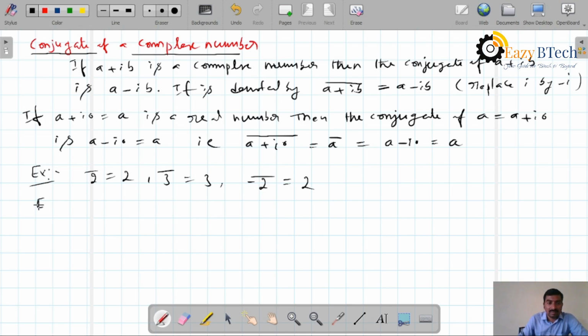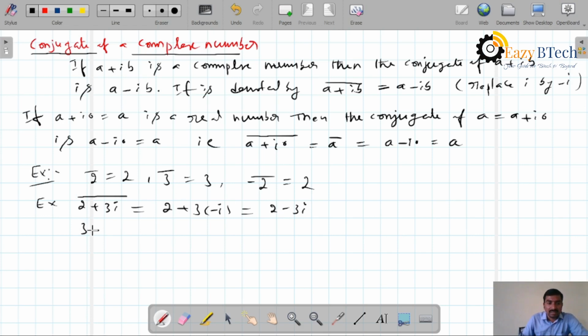See another example: 2 plus 3i. Replace i by minus i. 2 plus 3 into i, at the place of i we replace minus i, then you will get 2 minus 3i. So this is the conjugate of this number.